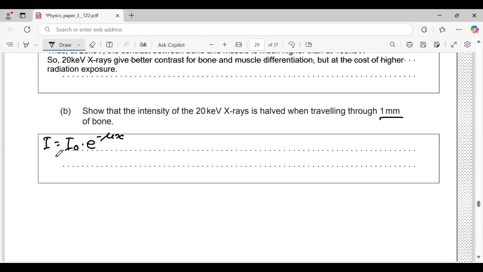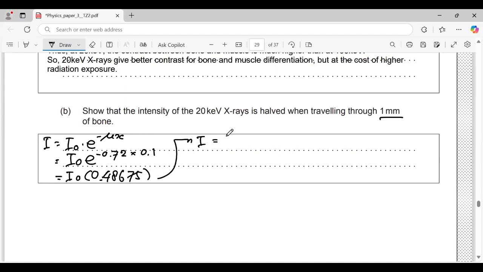So I'm going to substitute: e to the power minus 7.2 times 0.1, converting millimeters to centimeters, and it becomes I0 times 0.48675.